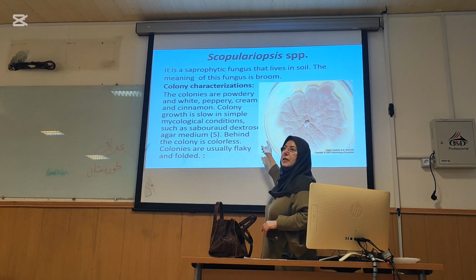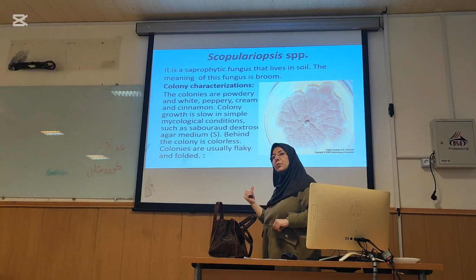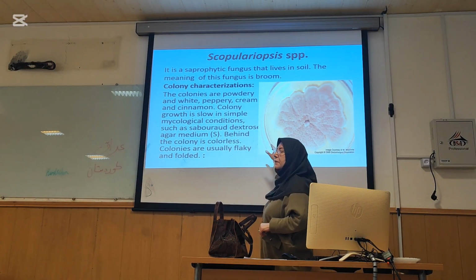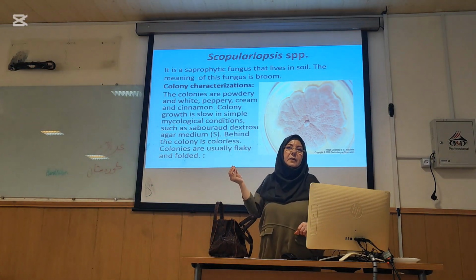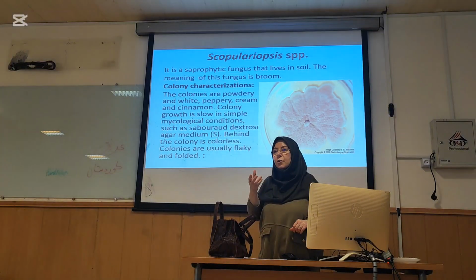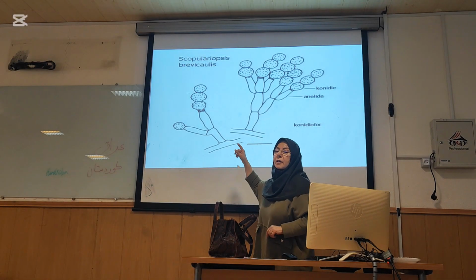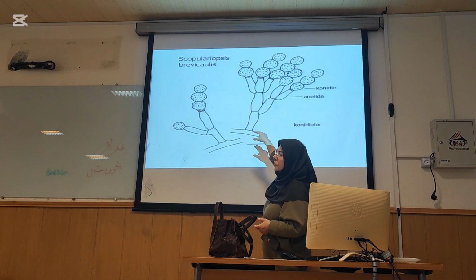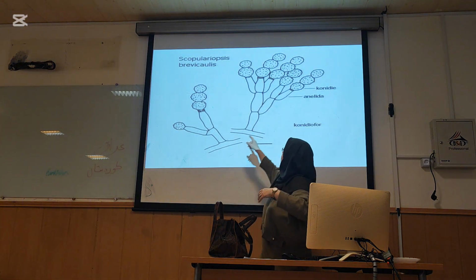The color of the colony of Scopulariopsis is creamy, tending to cinnamon color, and powdery. Powdery form of colony shows you that it is a mold. Mold usually shows a powdery texture. And this schematic form shows you three branches very similar to Penicillium, but bigger in size.